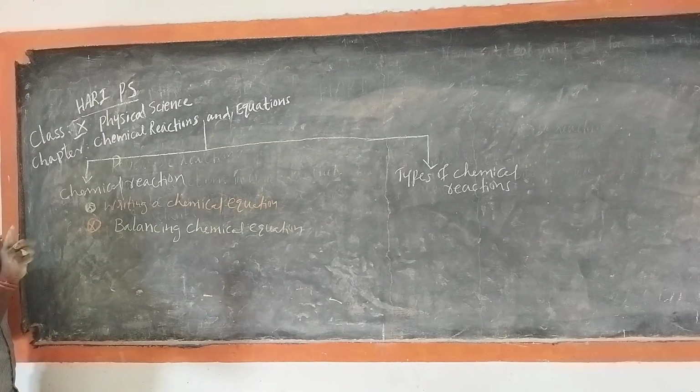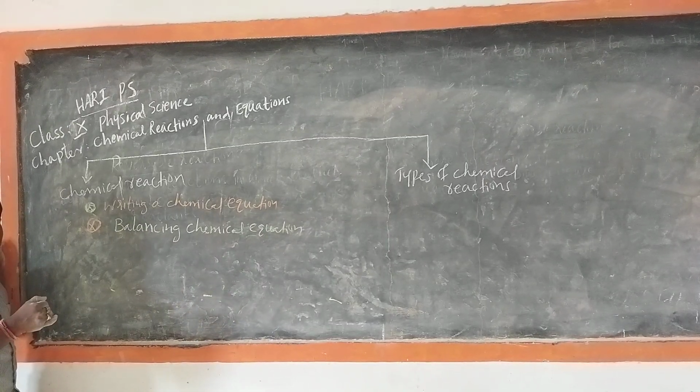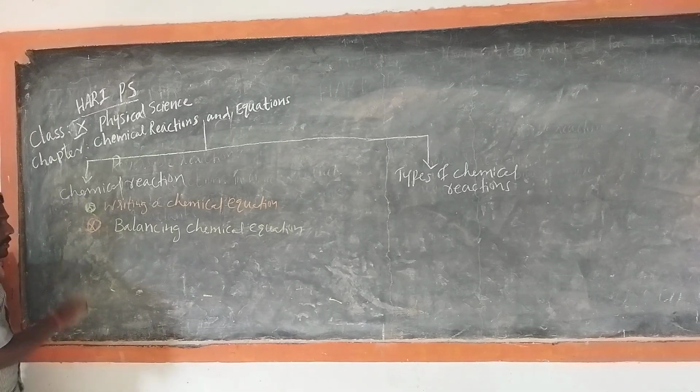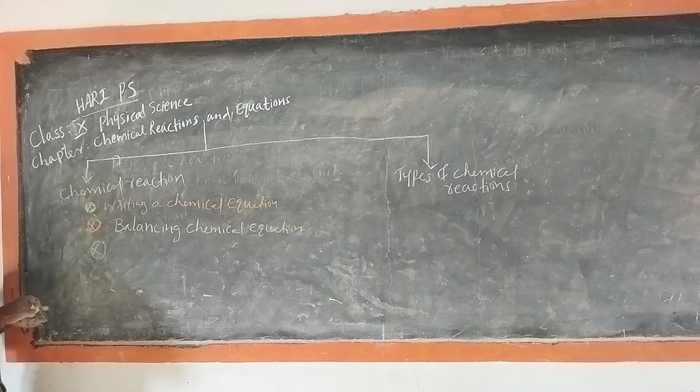The number used to multiply is called the coefficient. After that, reduce the coefficients to the smallest numbers to give the proper ratio. Then we have the balanced chemical equation.